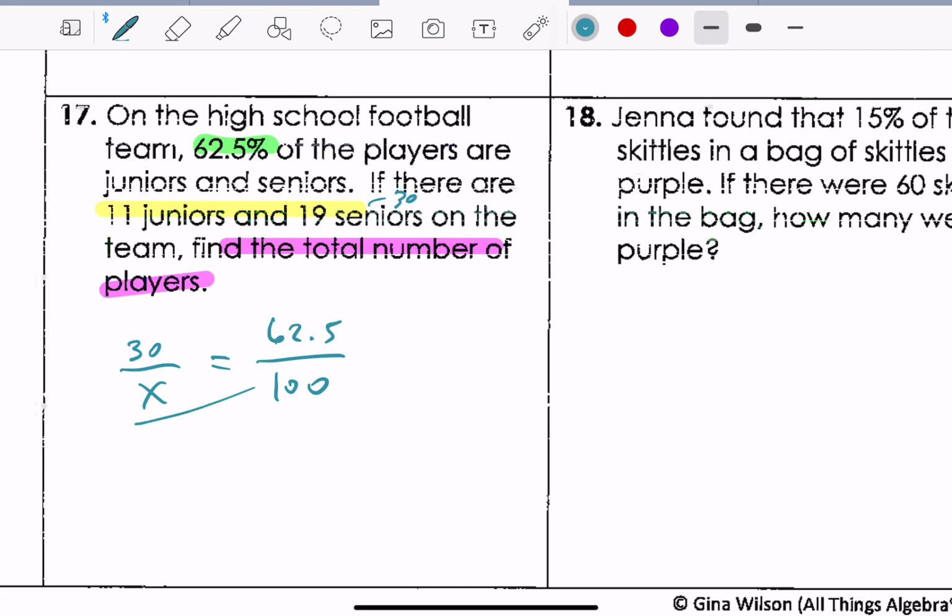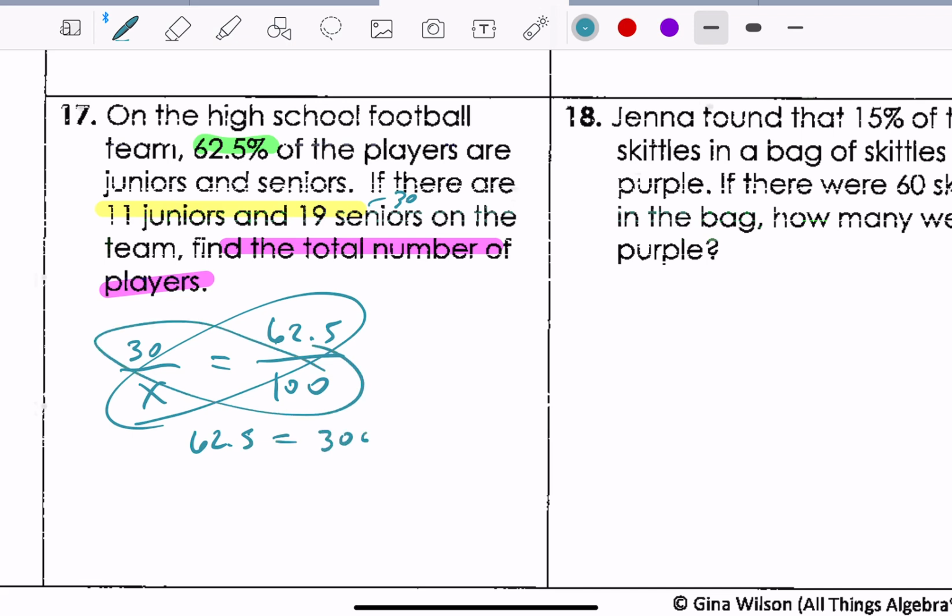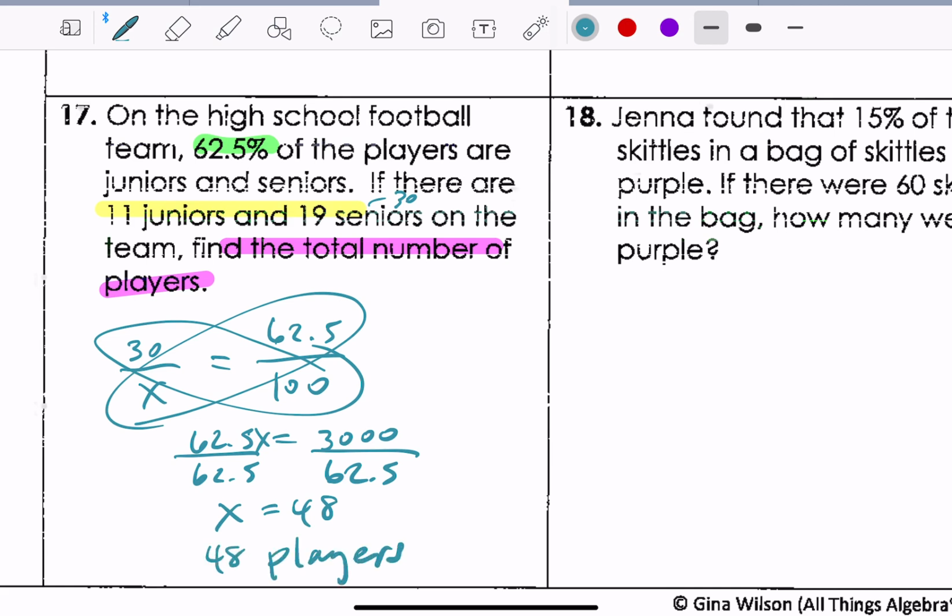So let's do the cross products. 62.5x equals 30 times 100, which is 3,000. Then I'm going to divide both sides by 62.5. X is going to be equal to 48. 48 what? Players, right? How many players are there? There's 48, and 30 of them are juniors and seniors.